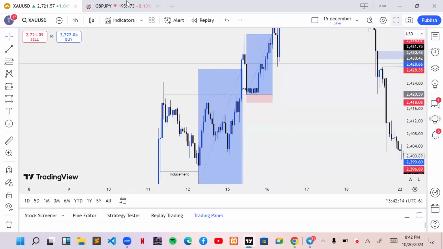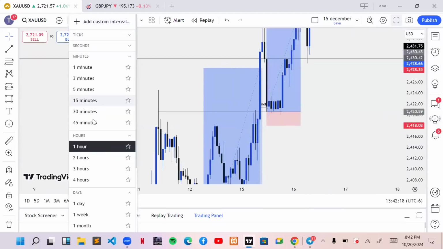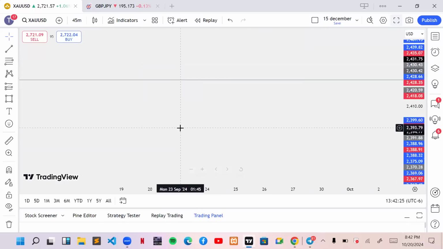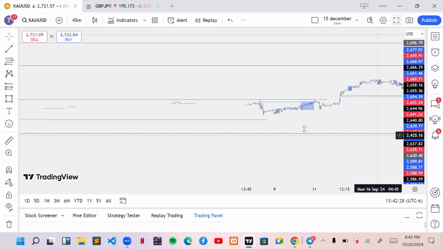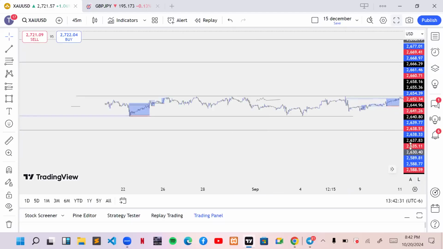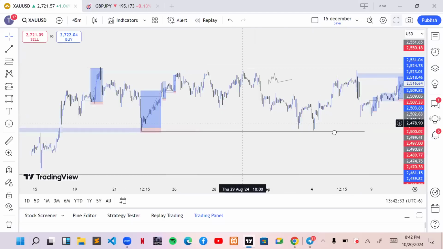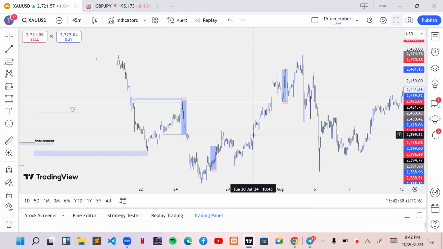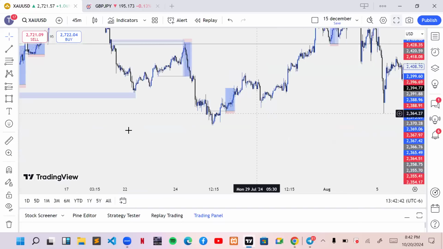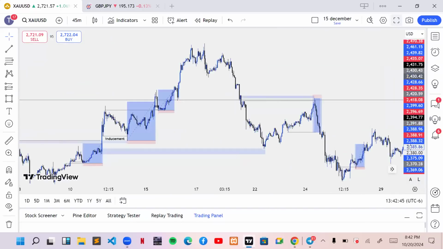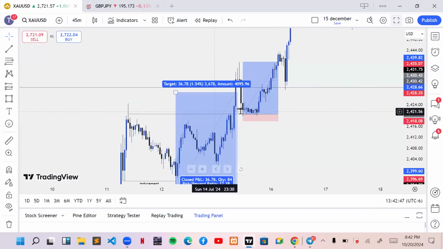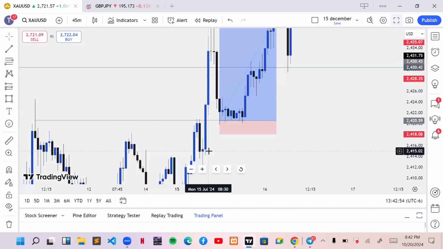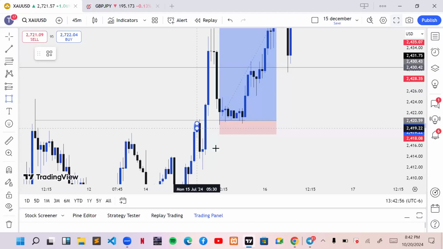Same as this trade. I think this one was on the 45 minutes time frame. So this is an order block right here for taking sells in the market.